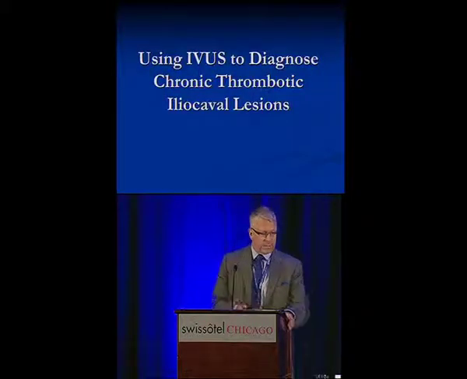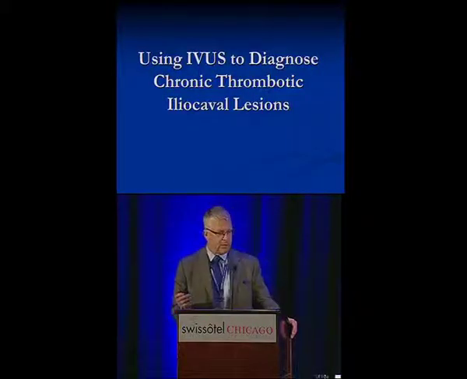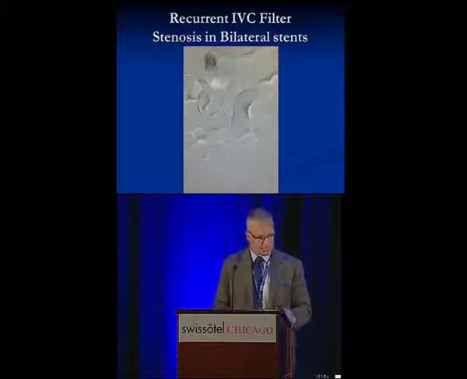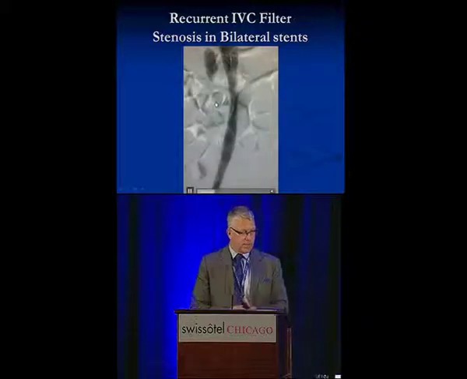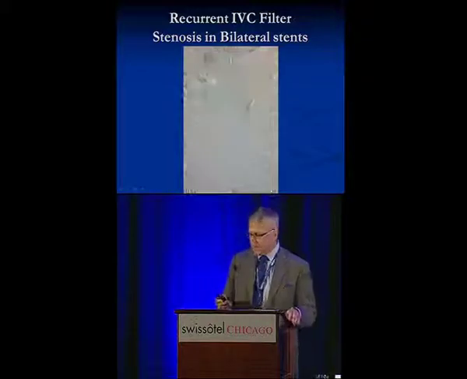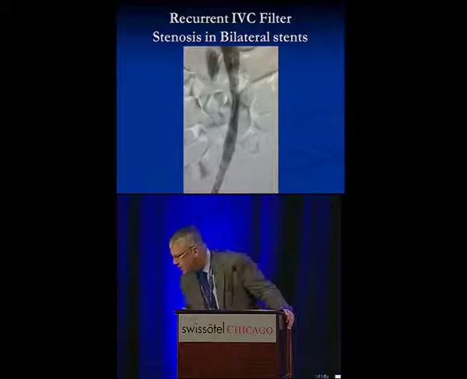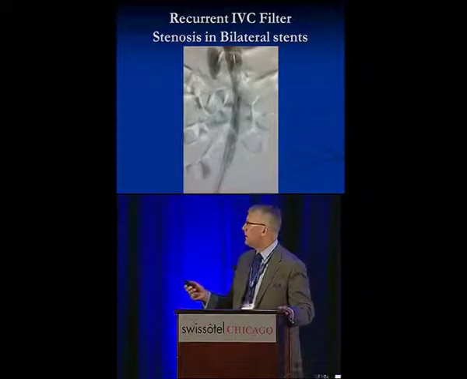Okay, so here's another chronic iliocaval to diagnose now. I should have just had these on auto, I guess. All right, there we go. There you can see another filter, conical shaped filter. I think it's probably a Cook.